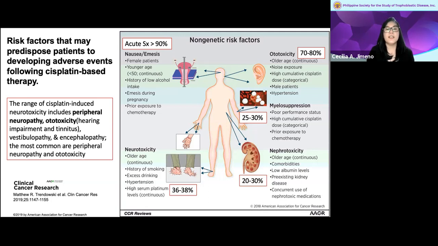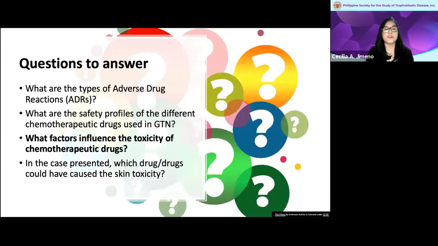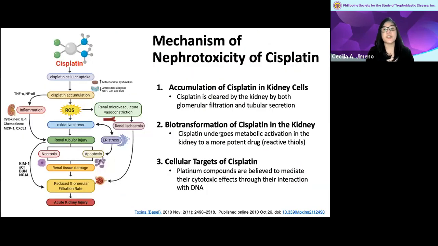And it is thought that this effect of cisplatin is due to the accumulation of cisplatin in kidney cells because it is cleared through glomerular filtration and tubular secretion, the biotransformation of cisplatin into a more potent drug, a reactive thiol, and because again of the cellular targets of cisplatin, they can potentially have cytotoxic effects even on the kidneys.